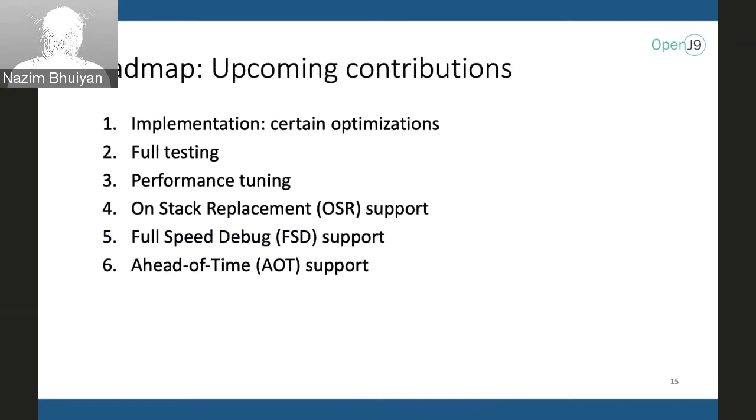Going forward, we are going to be implementing more optimizations to improve performance, and we'll have full testing and perform more performance tuning work. And we will also be adding support for on-stack replacement and full-speed debug, as well as ahead-of-time compilation.